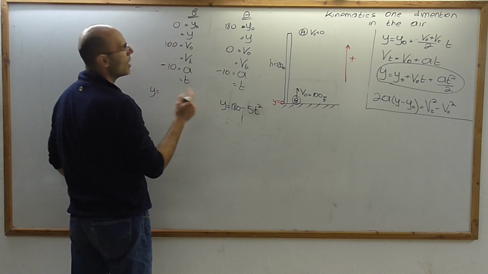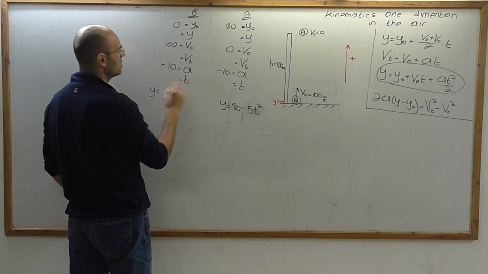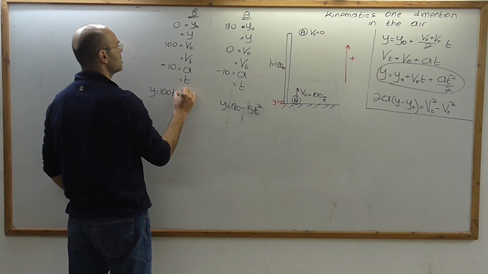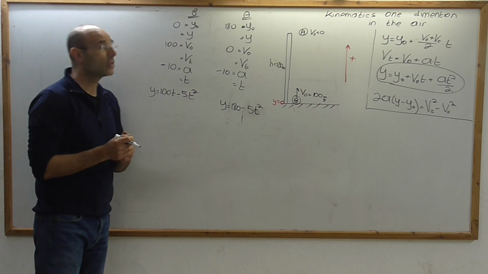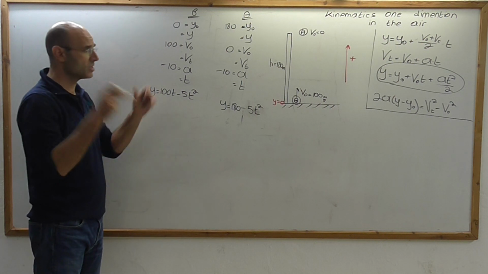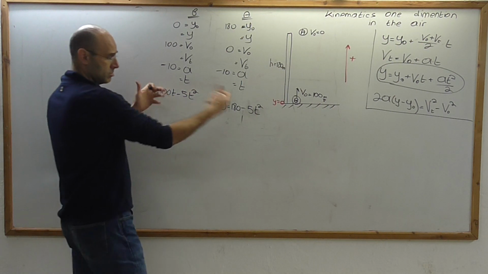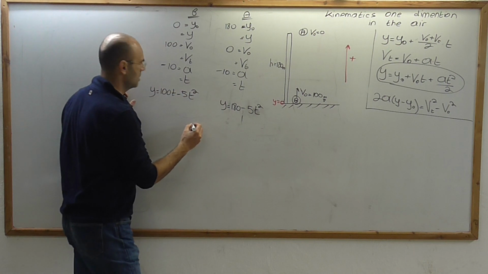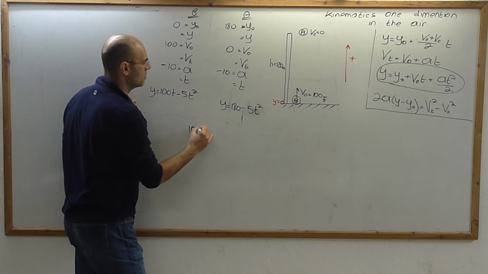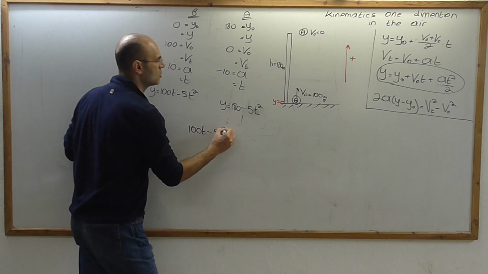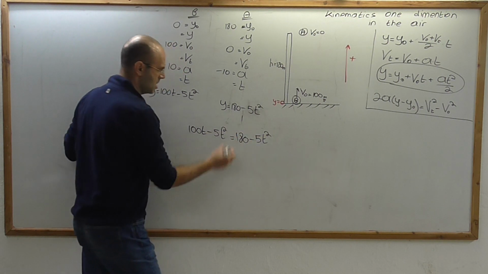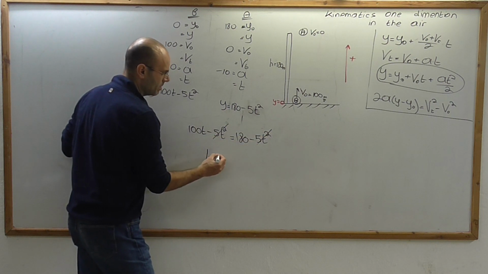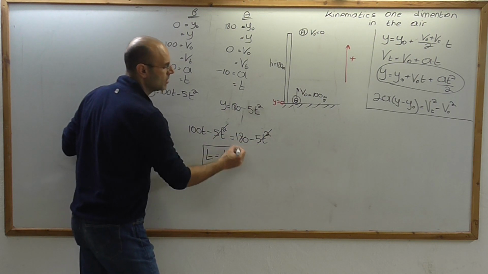Y equals y0, which is 0, plus v0 is 100t minus 5t squared. Now we know that they are going to meet in the same position, so we can compare them. 100t minus 5t squared equals 180 minus 5t squared. Okay, so t will be 1.8 seconds.